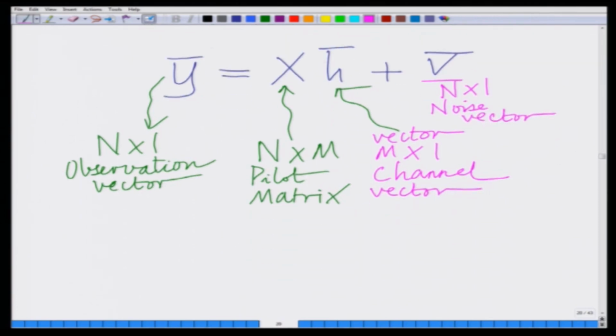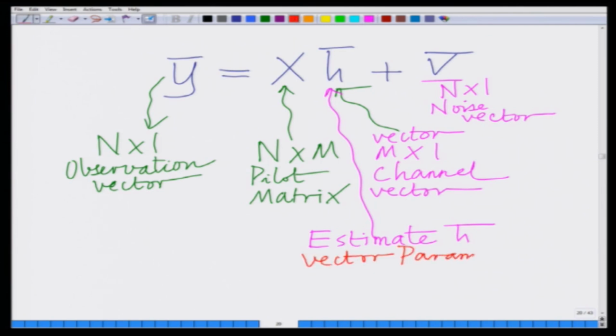This is the matrix input or the vector input output system model, and we need to estimate h bar, which is the channel vector, or a vector parameter. So, this h bar is the vector parameter which we are interested in estimating.